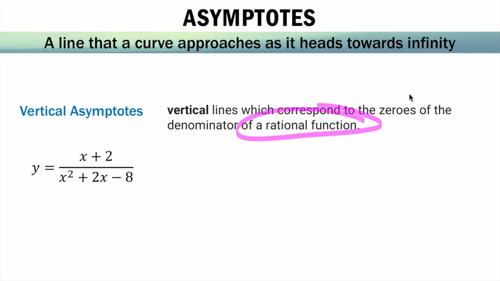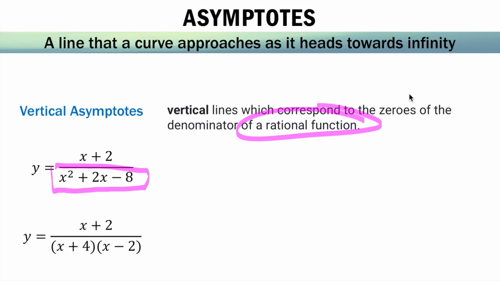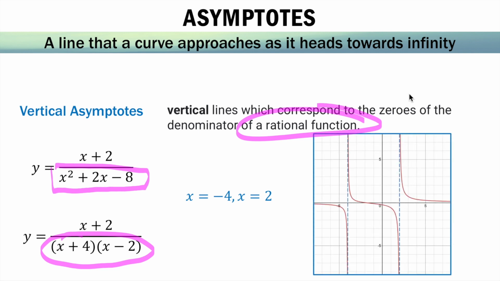So if you look at this fraction here, we need to know what the zeros of the denominator are. If you factor x squared plus 2x minus 8, you get x plus 4 and x minus 2. The zeros of that denominator are x equals -4 and x equals 2. And so those are the vertical asymptotes of that graph.